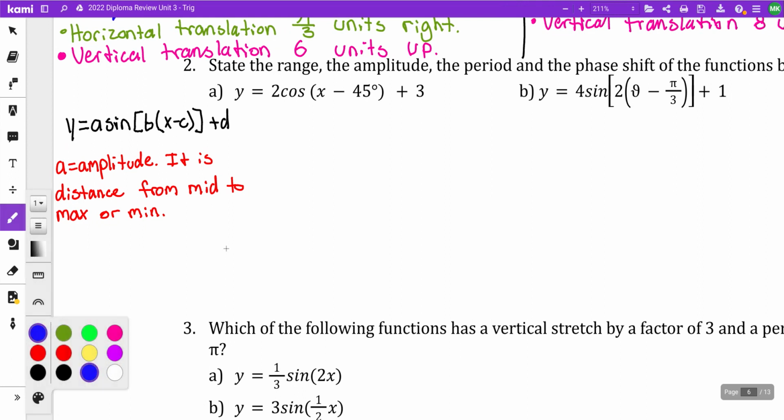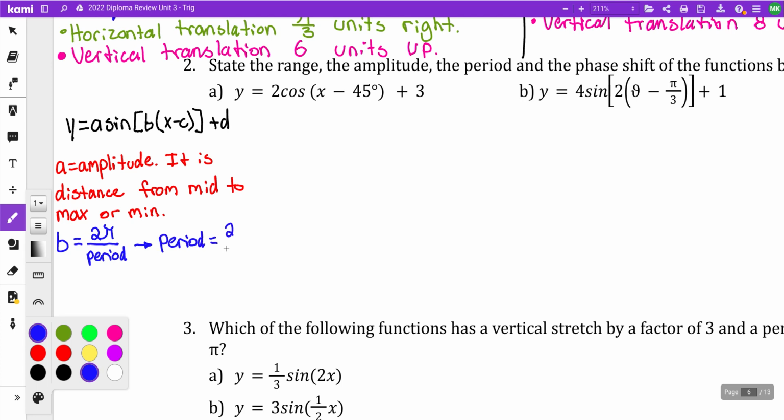Your B value is not your period, but it is related to your period. The B value equals 2 pi divided by your period. You could rearrange that formula to then calculate your period.